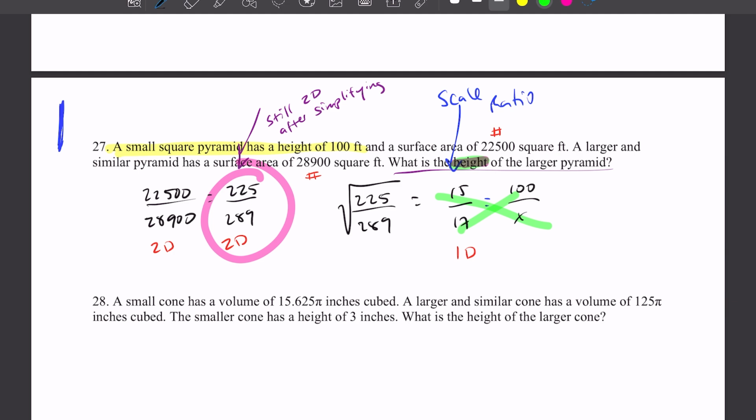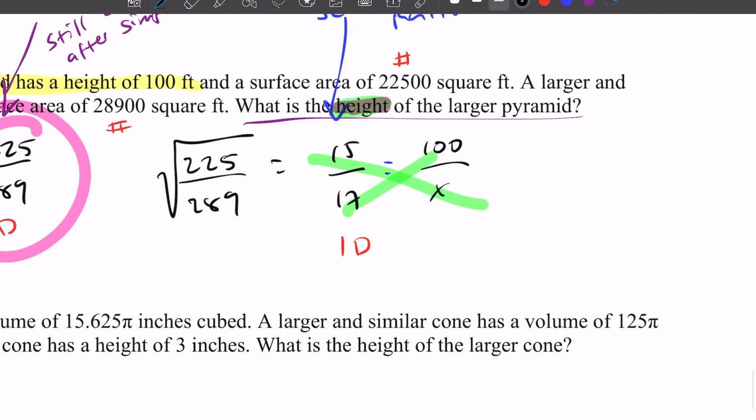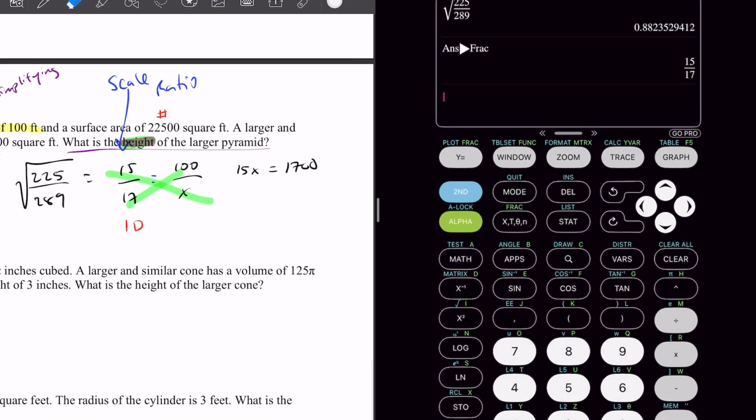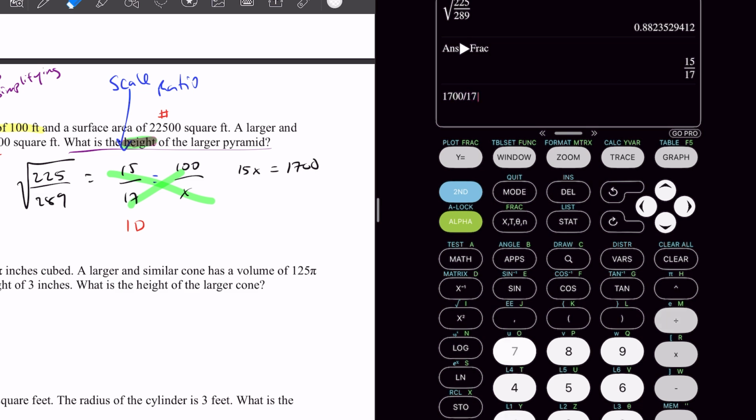So the placement of your numbers does matter. Now I'm going to cross multiply. 15 times x is 15x, and then 17 times 100. Oops, that's wrong. That should be 1700. Now I am going to divide both sides by 15, so 1700 divided by 15. And I get this number here.